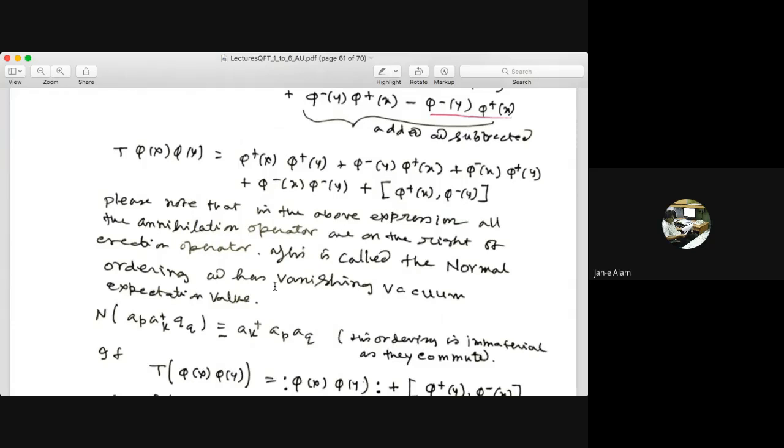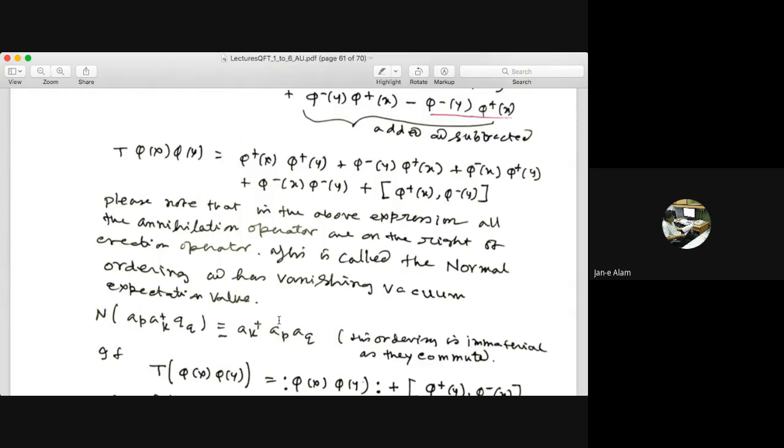Normal ordering means that if I have an operator, let us say AP, AK dagger, AQ, where AQ and AK dagger are the creation operators, the others are annihilation operators. When I operate in this normal ordering, what will happen? This AP, which is an annihilation operator, should come on the right of AK, and that is what normal ordering is.